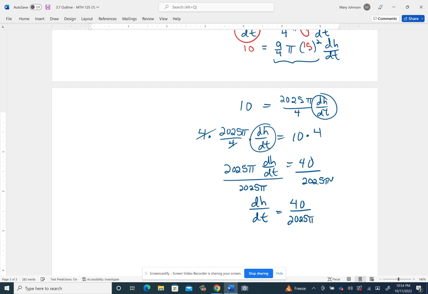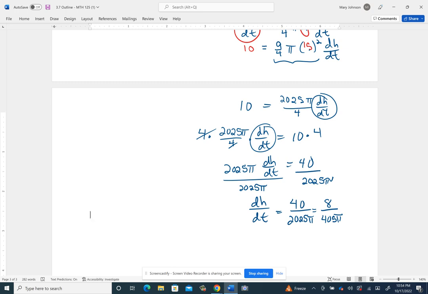All right, now it turns out I can do a little bit of simplifying because both 40 and 2025 are divisible by 5. So that would be 8 over 405 pi. That would be the rate of change of the height with respect to time with the pi in there.